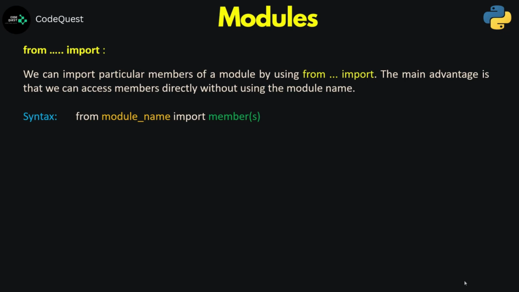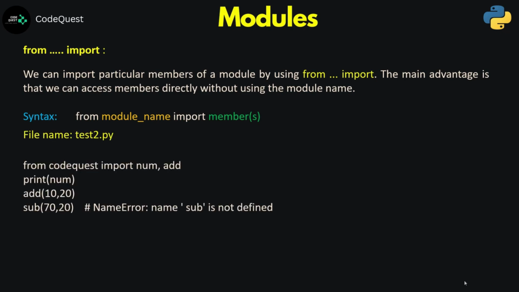In the earlier case, whenever we access a member, maybe a variable or a function, we add the name of the module followed by a dot, then write the member name. But once we start directly importing the specific members of a module, I need not use the module name every time. So let us see an example.